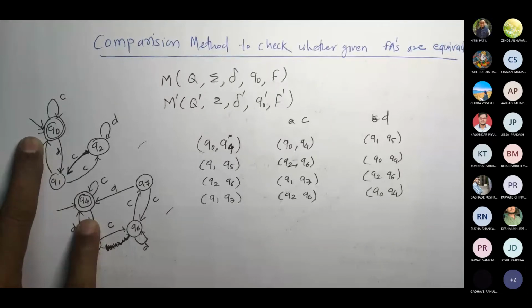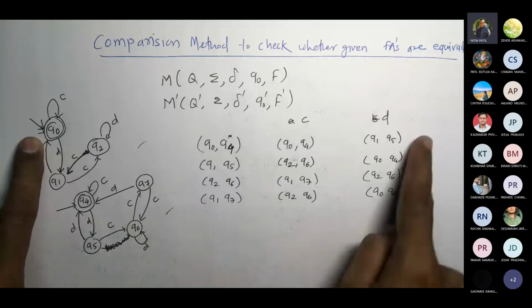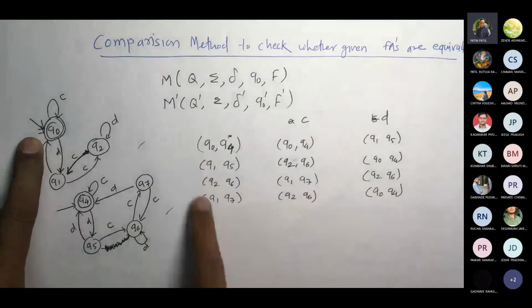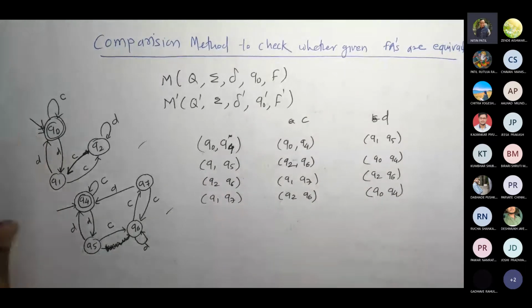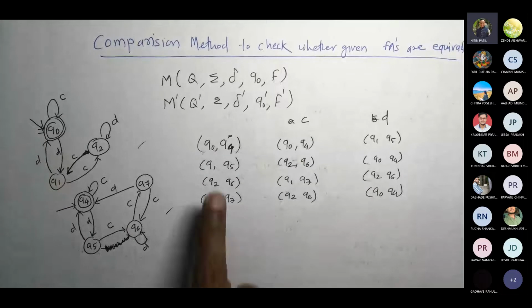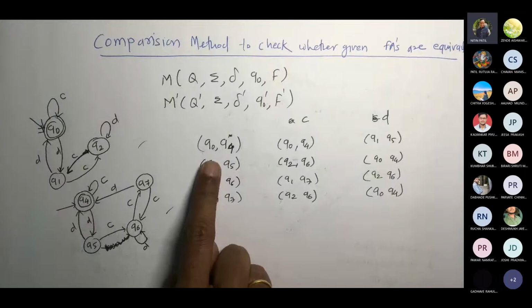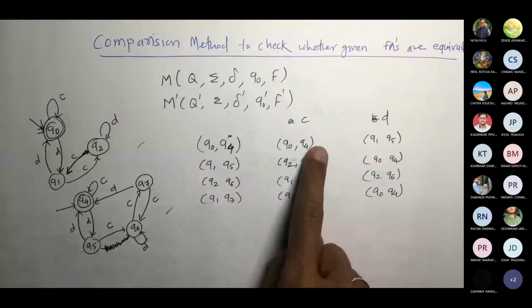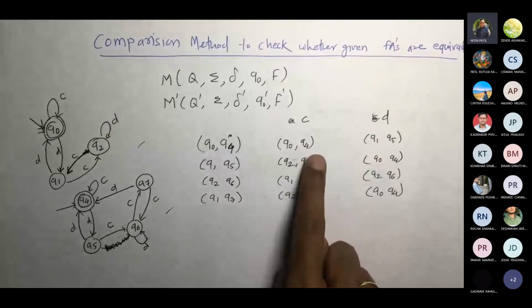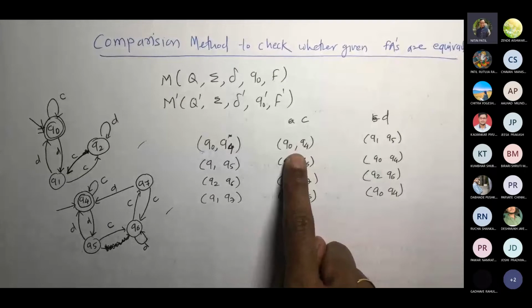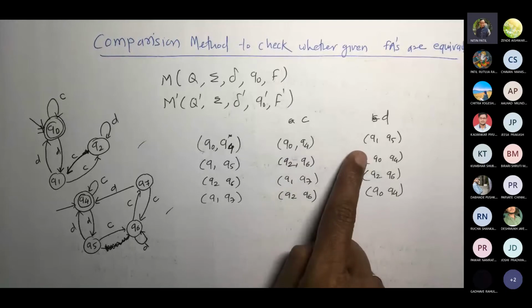Every entry in this table should be like this only, either both final or both non-final. So we started applying each input. We took C and then we got pairs of two states. We verified whether they are final or non-final. When they matched, we continued to the next, so we got it for the other input.